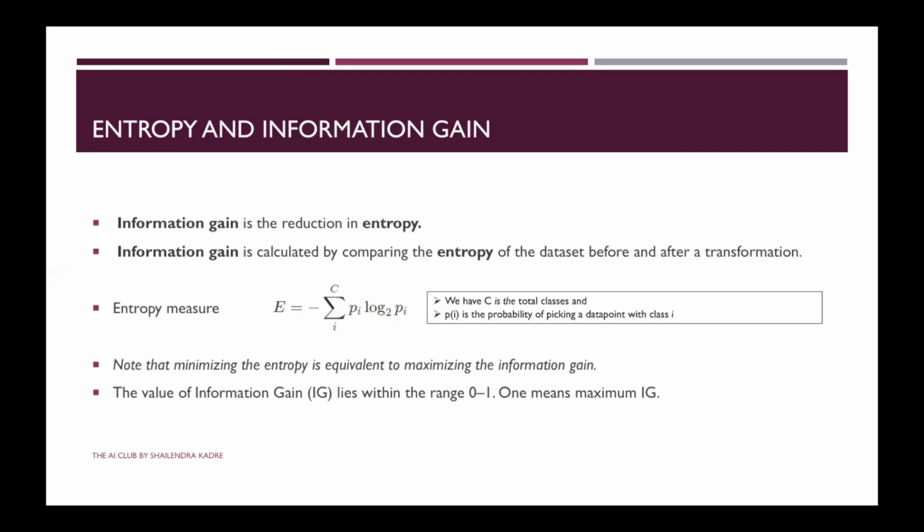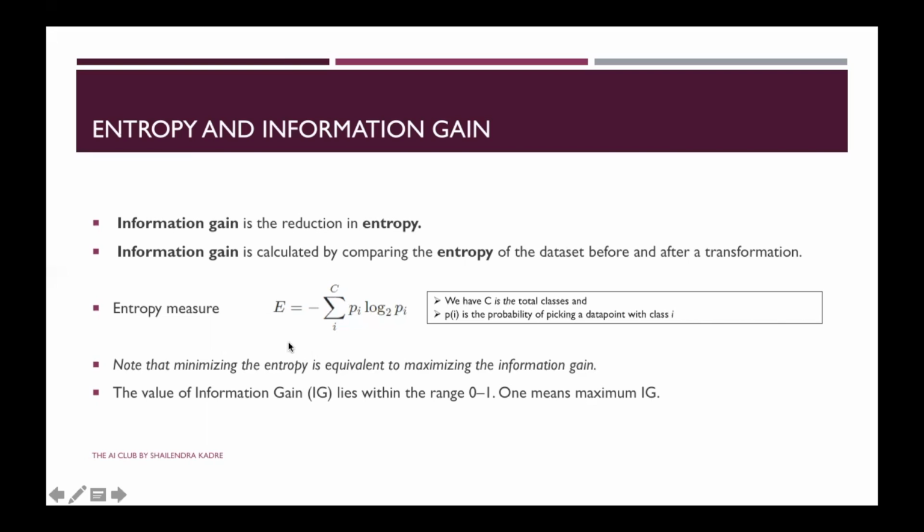So it will be the probability of the game being played multiplied by the log of the probability of the game being played, plus the probability of the game not being played multiplied by the log of the probability of the game not being played. I don't know how much you understood the way I tried to articulate it in text form, but we will definitely understand it when we go through the hands-on video. So this is where the entropy is measured.